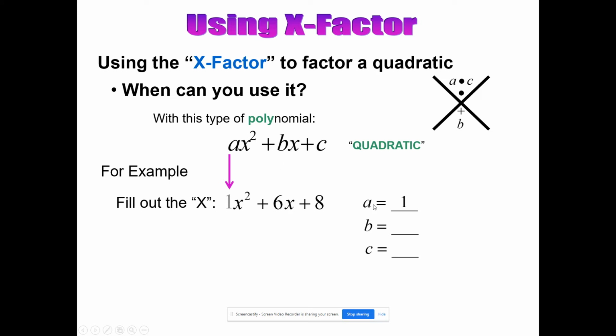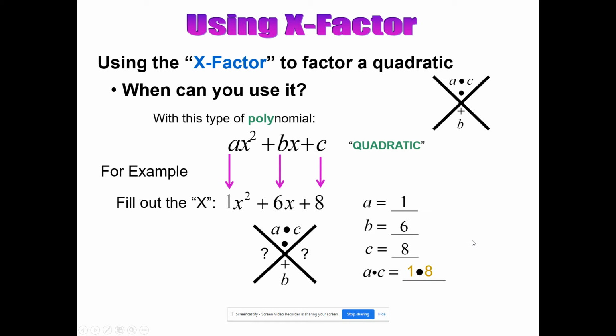In front of x, my coefficient is 6, and then my constant, my c value, is 8. So if I was filling out the x, a times c goes up here. So a times c is 1 times 8, which gives us 8. Our b value is 6.